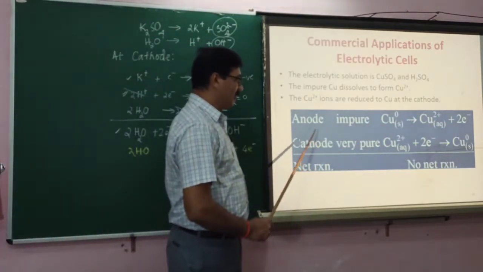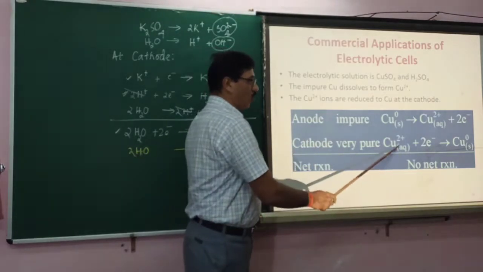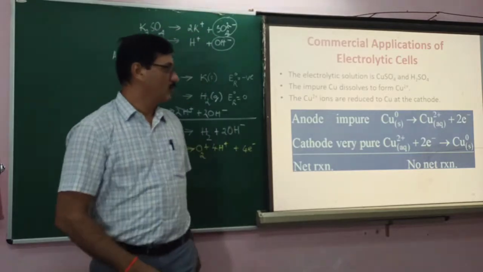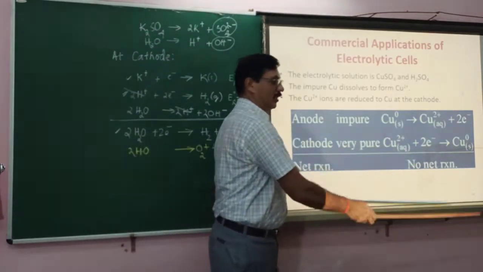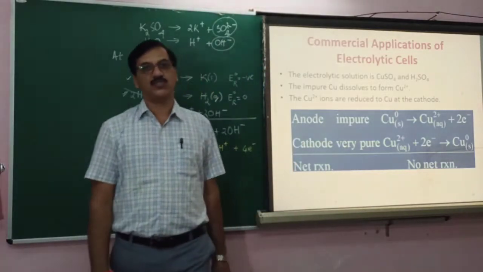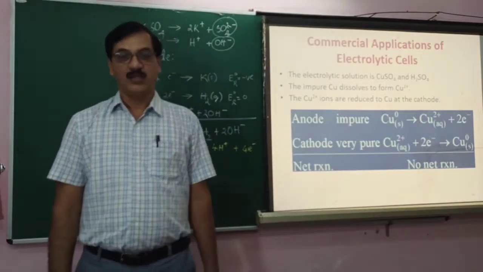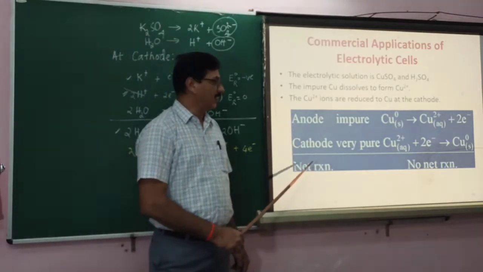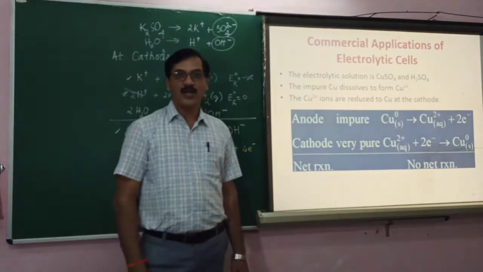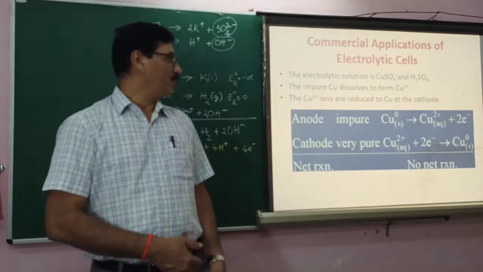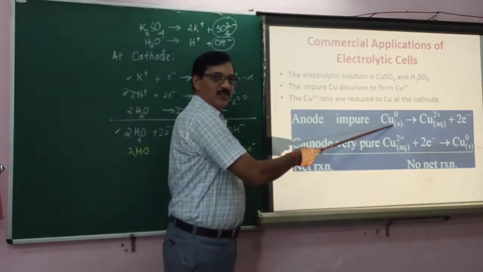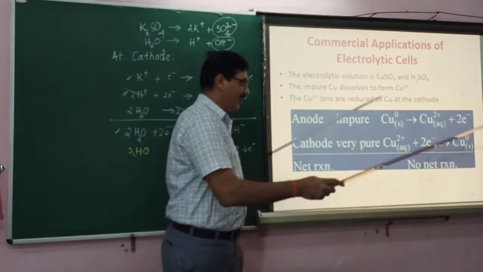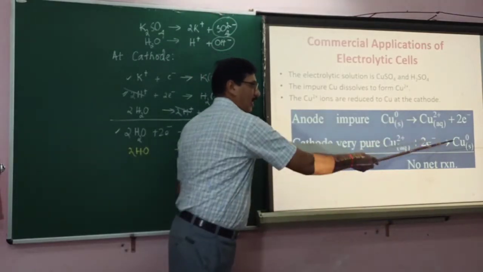This is what happens at the anode. At the cathode, copper 2 plus ion gets the electrons to form copper, so this gets deposited over the cathode, and the cathode becomes thicker and thicker. Now, there is no net reaction, because copper from the anode is given as copper ions to the electrolyte, and the copper ions in the electrolyte deposit over the cathode.